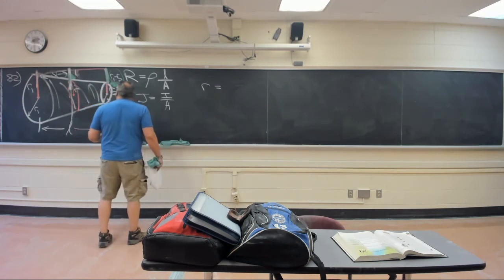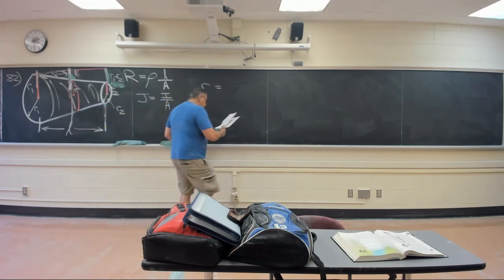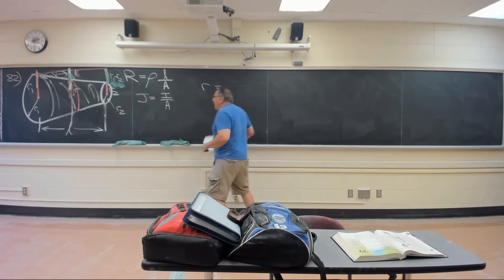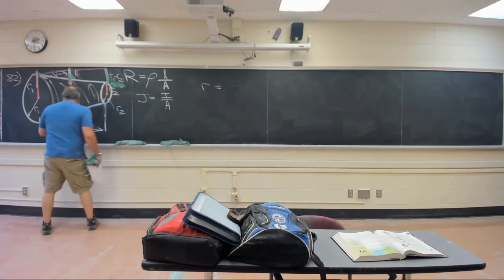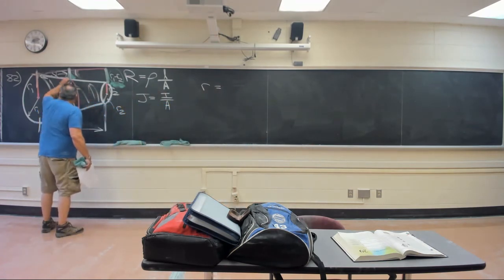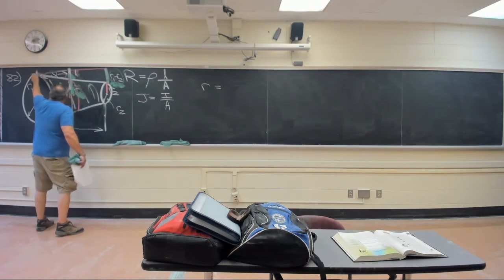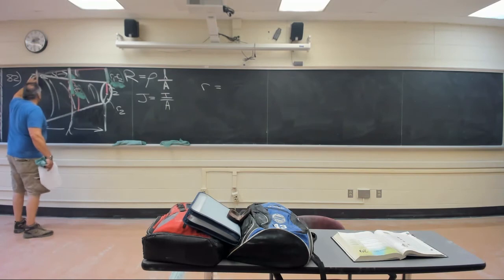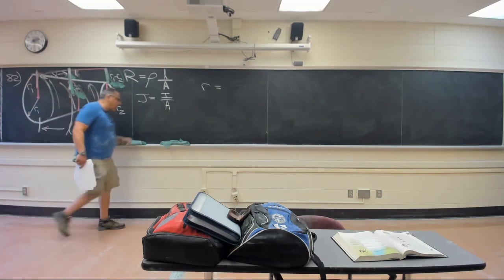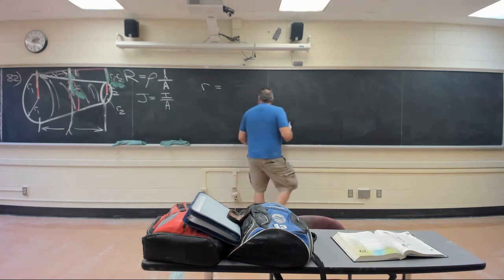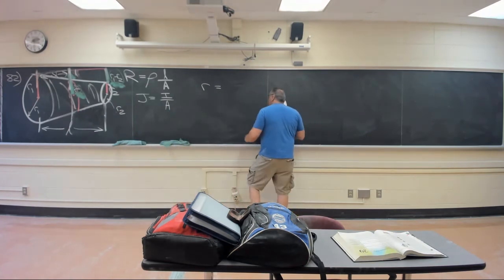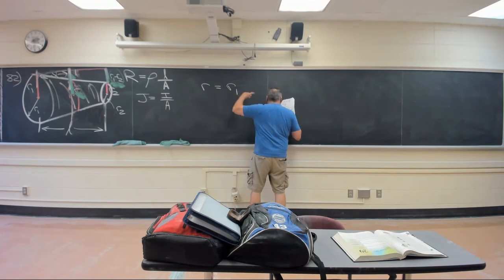If it's a drop, this radius right here, R, is after the fall down. So let's start at R1 and do a fall down and see what happens. You'll see what I did in a second. R1 is big.